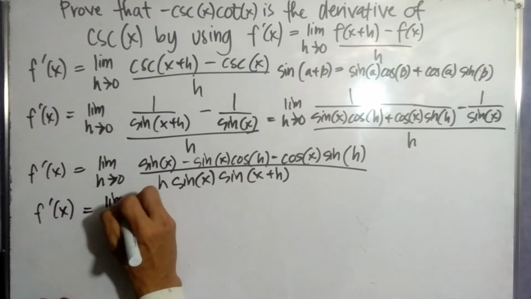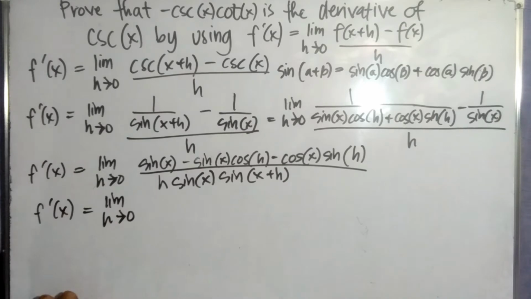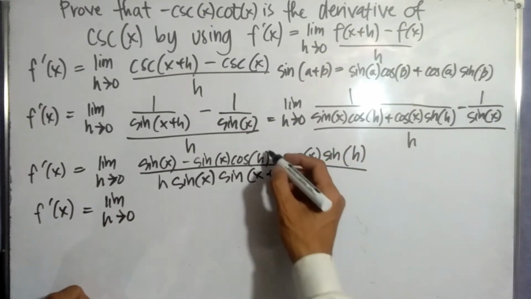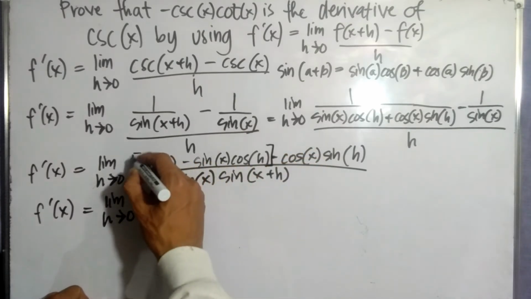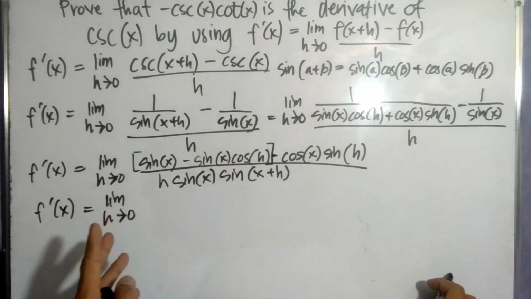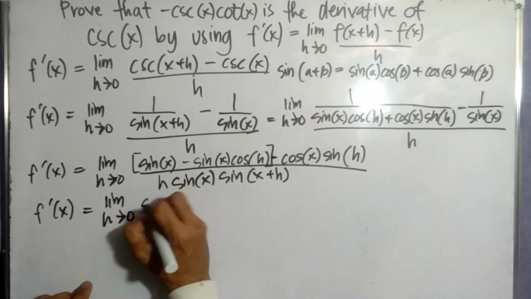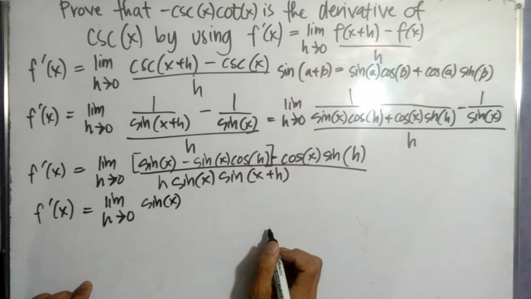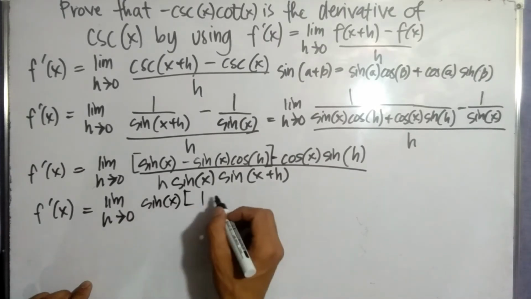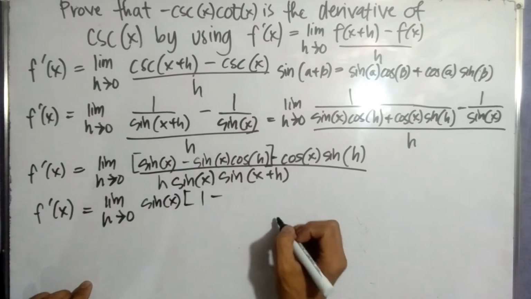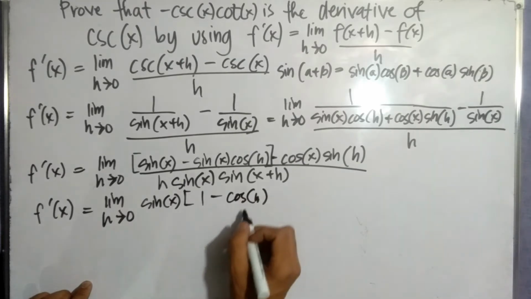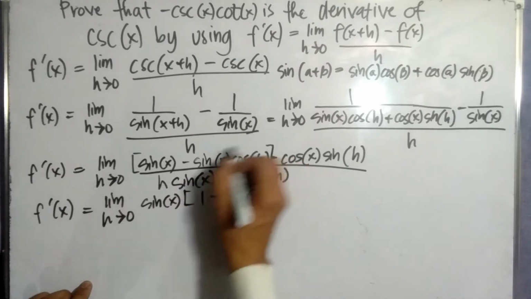Sunod naman, limit as h approaches 0. By applying associative property, etong nasa numerator, pansinin nyo, yung sine x, pwede natin ilabas kasi factorable naman eh. So, sine x times the quantity 1 kasi sine x times 1 is sine x minus cosine h kasi sine x times cosine h, ito yan.